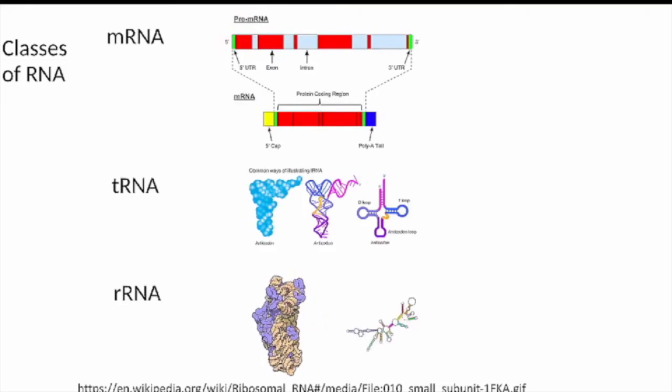rRNA is ribosomal RNA, and you just have two images here to show you two different versions. Once again, it's going to be a consistent theme that depending on what characteristics of these incredibly complex structures we're talking about, you're going to see them visualized different ways. They're both accurate. The image to the left of the rRNA that's spinning is the rRNA complexed with proteins to form the ribosomal subunit, which we'll talk about when we talk about translation.